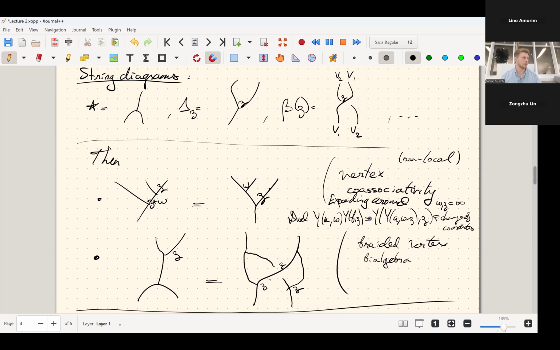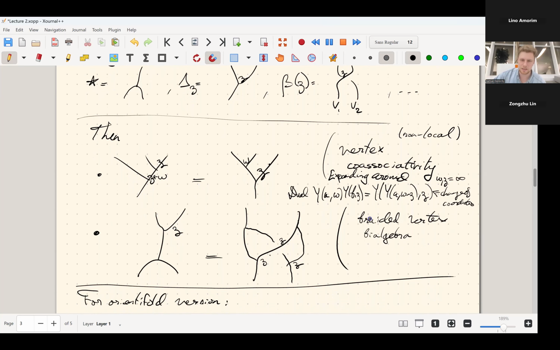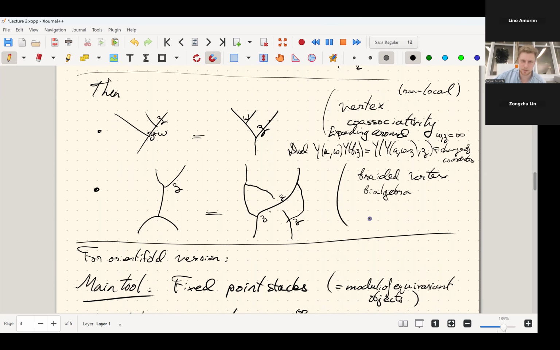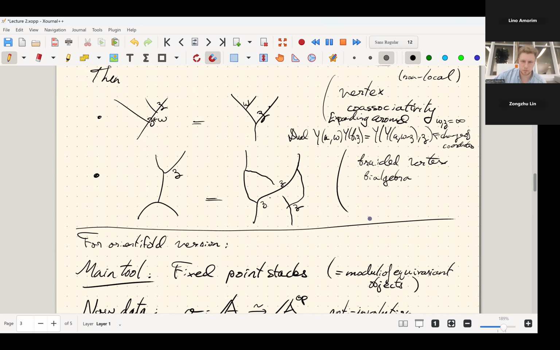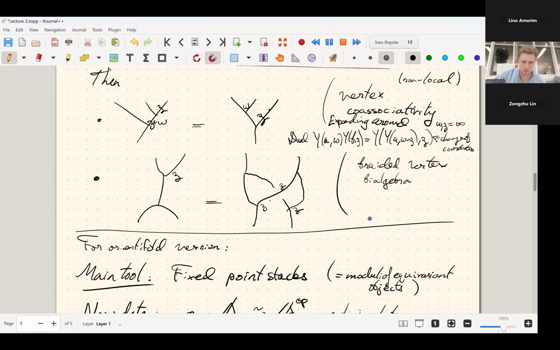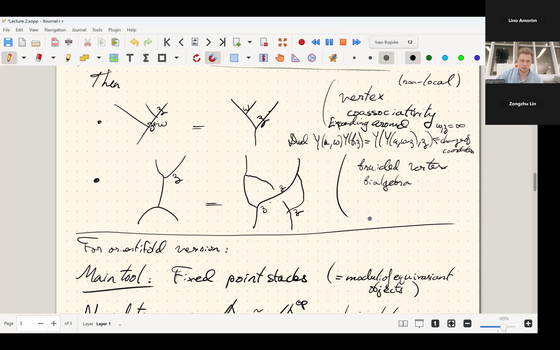And right, usually when people say vertex algebra without assumptions, it's assumed to be local, and this is just in general false in this case, as we have non-local and only weakly co-associative vertex coalgebras. And then finally we have this second identity, which is a meromorphic version of the bialgebra identity.